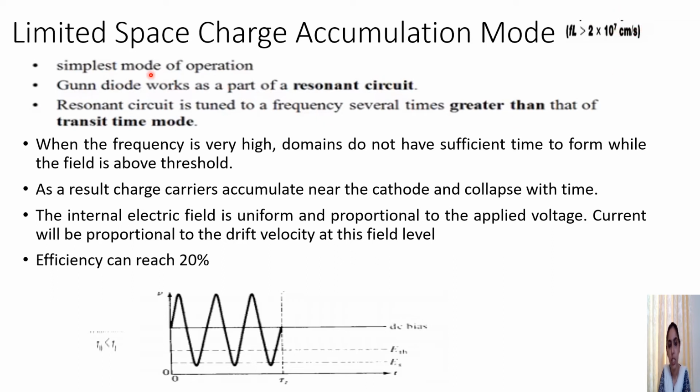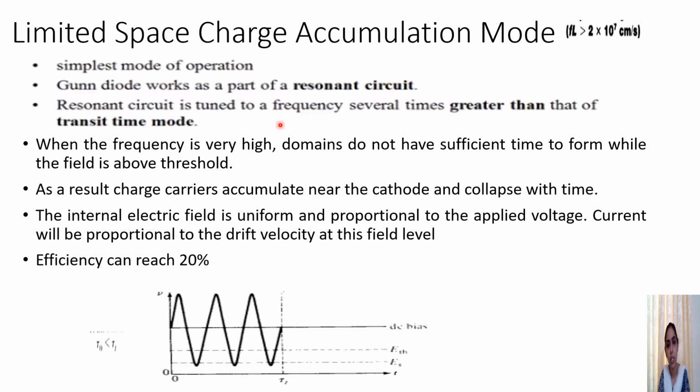So this is the simplest mode of operation where the Gunn diode works as a part of a resonance circuit. Here we employ a Gunn diode along with, say, an LC resonance circuit, and the resonance circuit is tuned to a very high frequency, several times greater than the transit time mode.